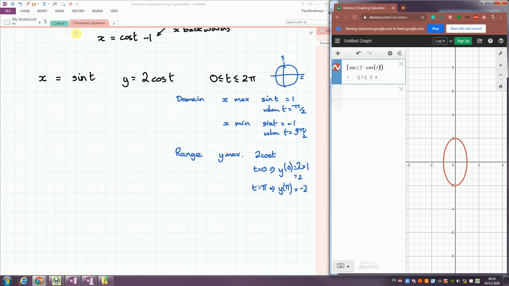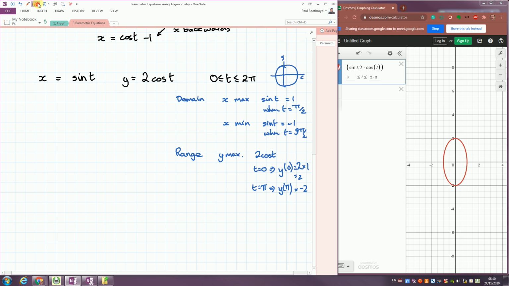Now if we turn it into a Cartesian equation by doing the same trick, we're going to use sine squared a plus cos squared a is equal to 1. So rearrange this equation without rearranging it really. We know that sine t equals x, and we know that cos t is y over 2.